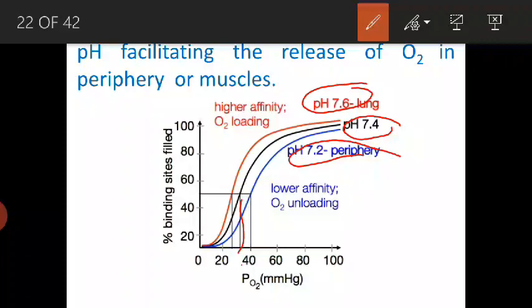That means it easily gives up oxygen. So in lungs where the pH is 7.6, hemoglobin binds oxygen strongly, whereas in periphery where pH is very less, or that is 6.8 or something, it releases oxygen very easily.